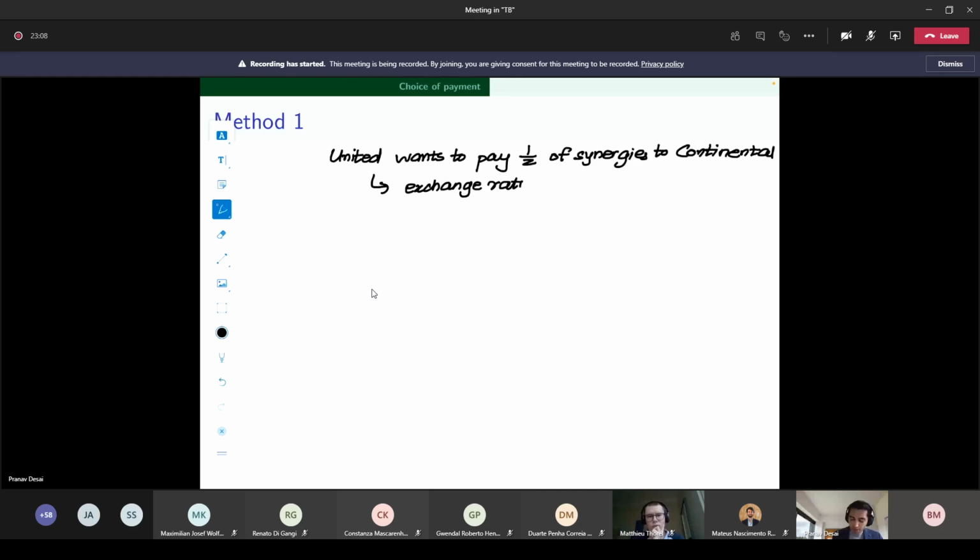Now if United has to pay something to Continental, it's going to pay entirely in shares. And because of that, this exchange ratio starts playing a big role. There are two methods of going about this. If you're asking me personally, I prefer the second method, but let's start off with the first, more complicated method.